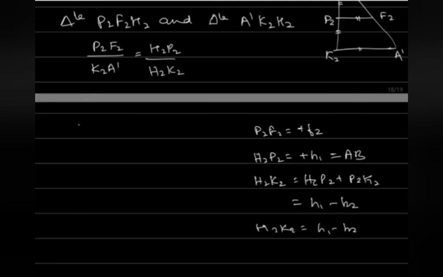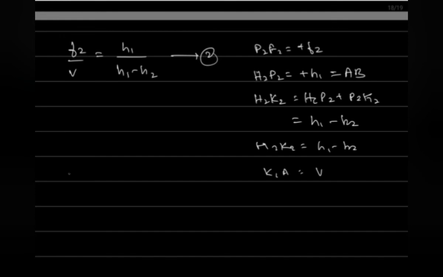So now in that equation we'll put these values, that is plus F2 upon H1 equals to, H2 P2 is nothing but H1, and here K2 A dash is nothing but the image distance, that is phi, so F2 upon phi equals to H1 upon H1 minus H2. This is the equation 2.